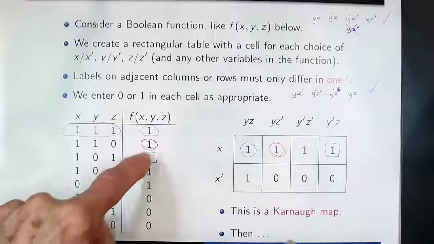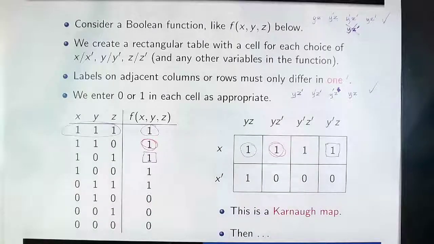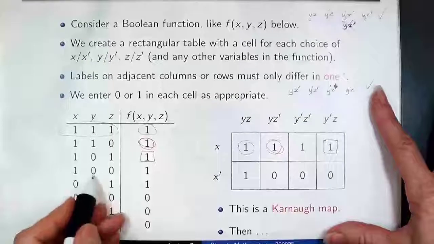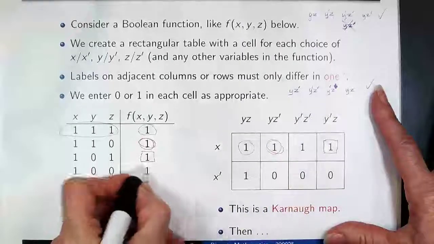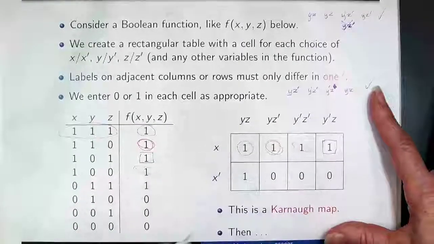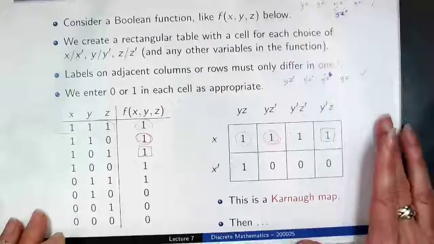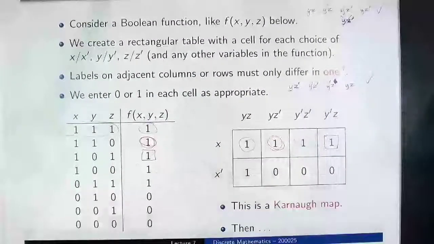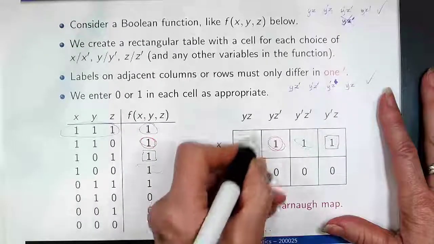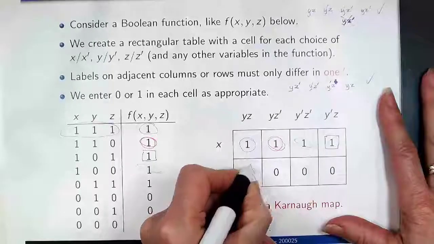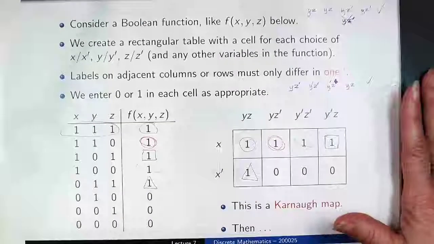So each of these ones gets put in its right box. X, Y dash Z dash, so that goes there. And then we've got, almost out of different colours, X dash, Y, Z, that's there.